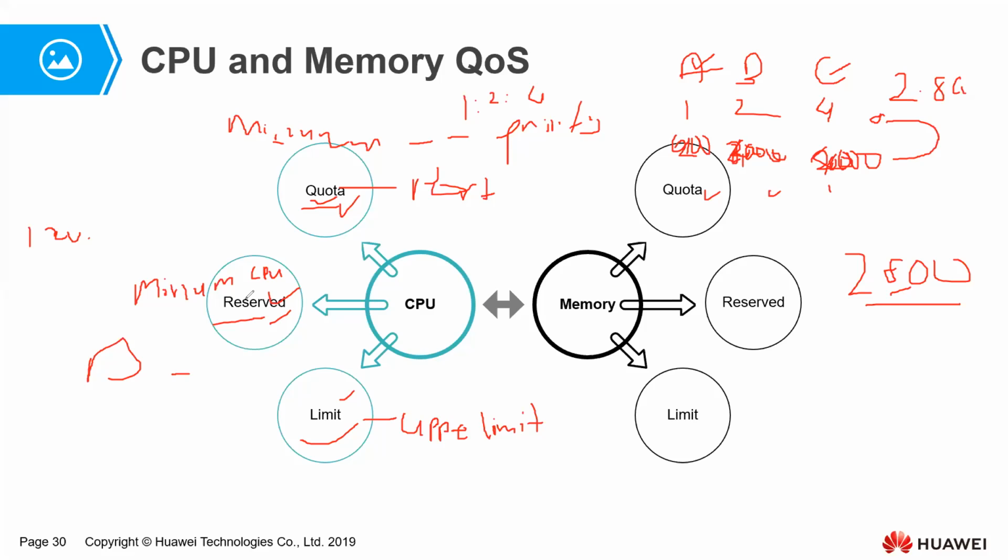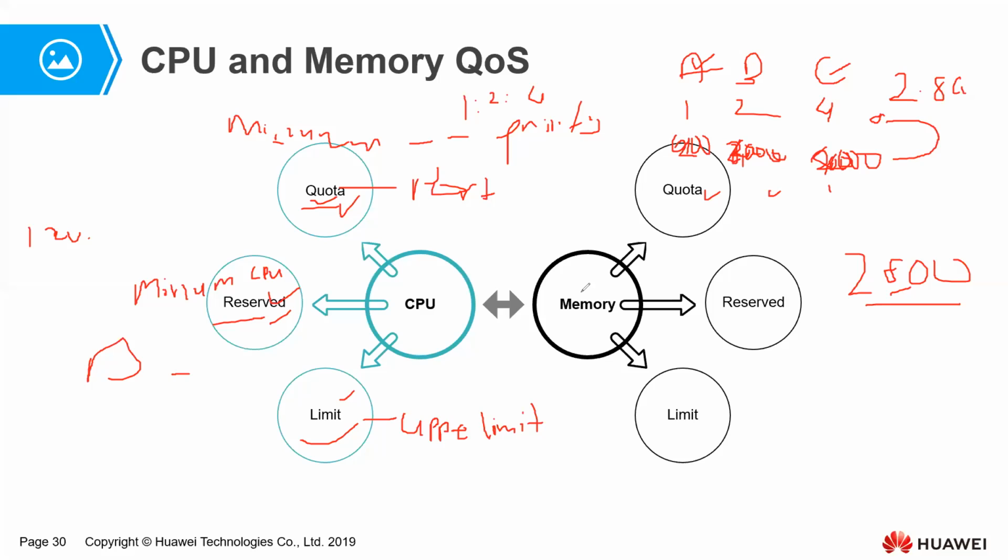With limit, we are looking at the upper limit of physical CPU that can be used by a virtual machine. For example, if a virtual machine with 2 virtual CPUs has an upper limit of 3 gigahertz, each virtual CPU of the virtual machine can obtain at most 1.5 gigahertz of compute resources.